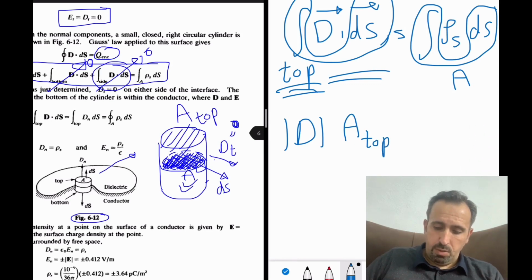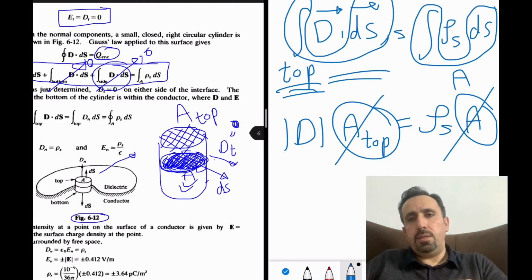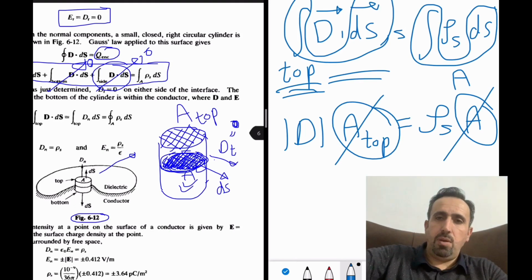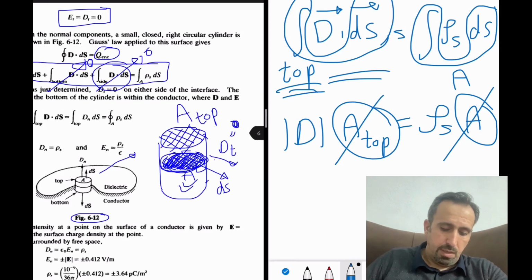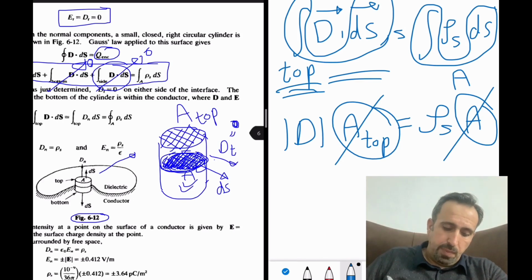If you think about area top and the other area, rho s, sure both areas are the same. Why? Because it is very clear, they are the same area, because one of them is at the middle of the right cylinder, the other one at the top of the right cylinder, and you are talking about a right cylinder having continuity for the cross-section area, so both areas will be gone, then you will conclude something very important, that D will be equal to rho S. Which kind of D?